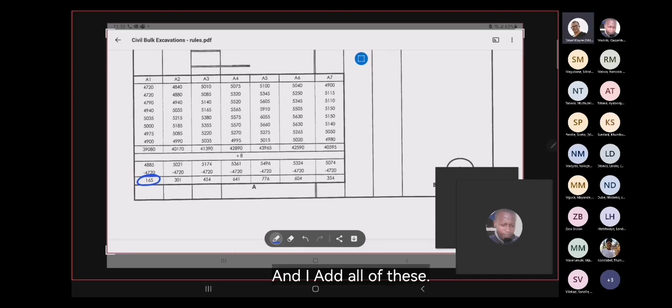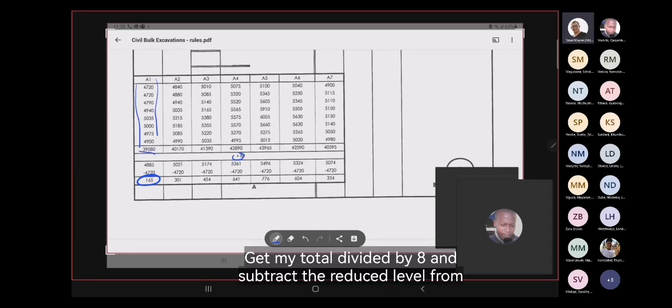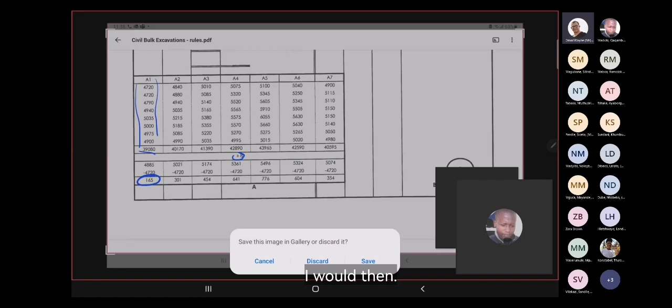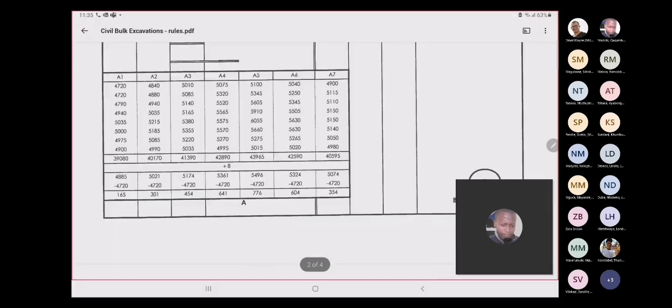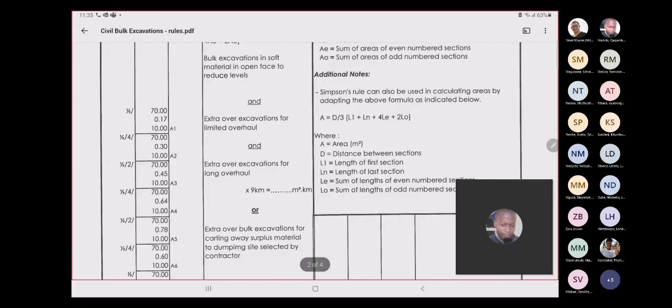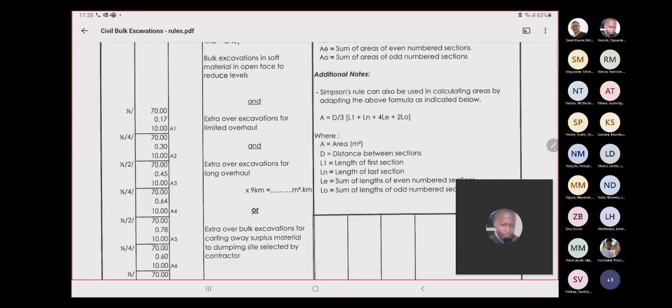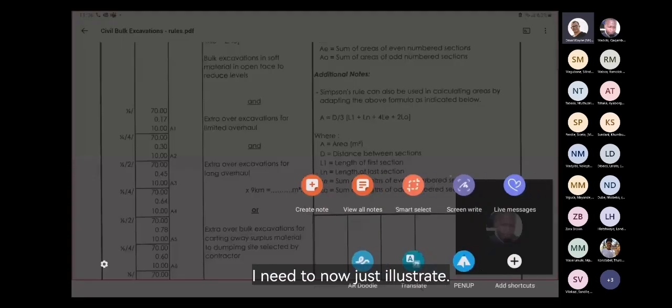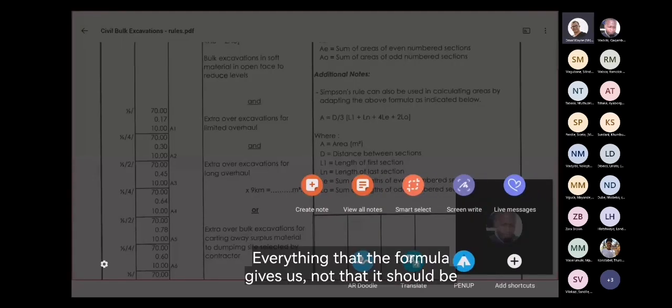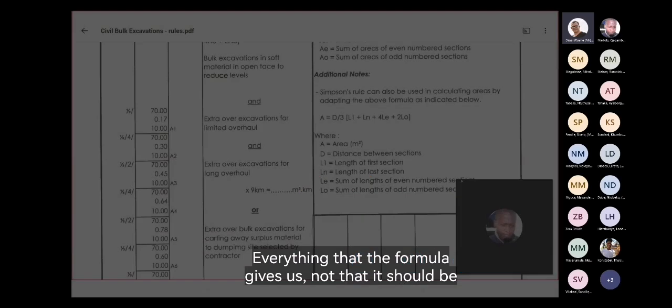I've added all of these, got my total, divided by 8, and subtracted the reduced level from that total, which gives me my average depth. And in that, I see that I have my 70 meters. I need to now just illustrate everything that the formula gives us. Not that it should be necessary.